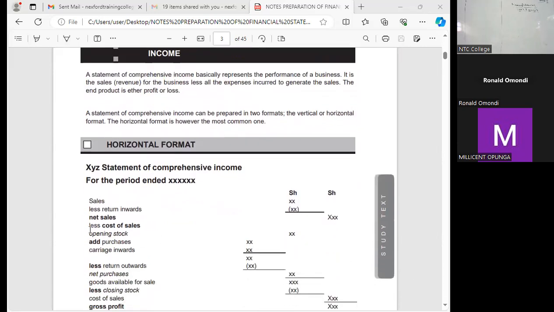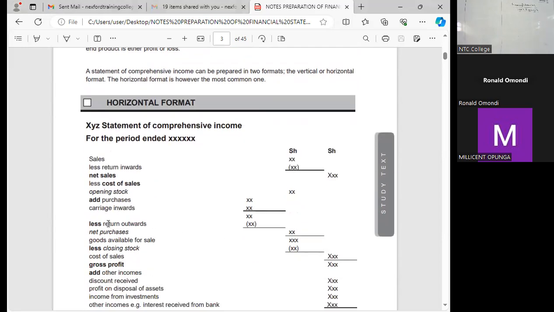Then from there, you prepare what we call cost of sales. Cost of sales is given by opening stock, then you add purchases. You add carriage inwards, as someone asked earlier. You add it to purchases, then you get the total.